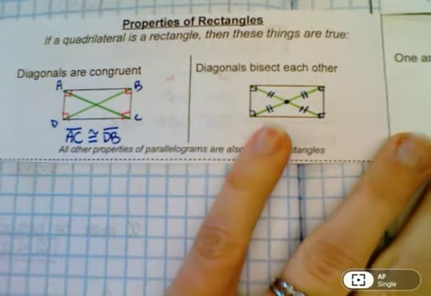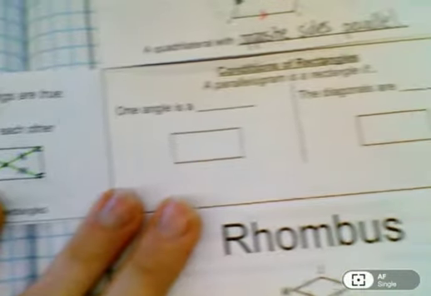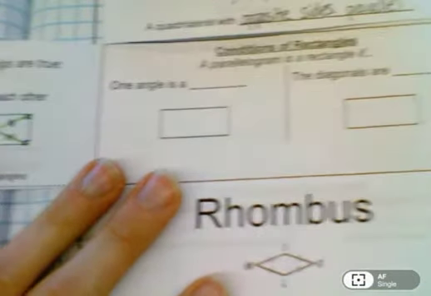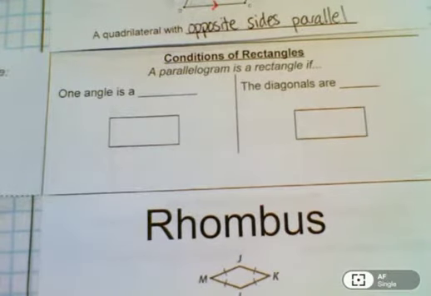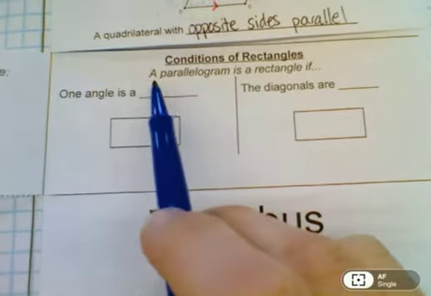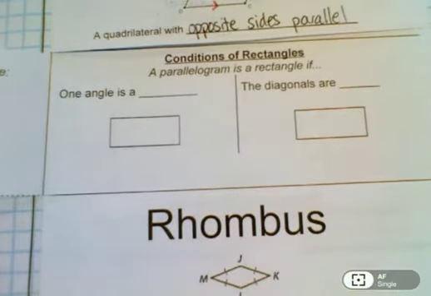And then over here, we have conditions of rectangles. So just like last time, the properties are what you know to be true if you know you're dealing with a rectangle. Here, what if we're trying to figure out if a shape is a rectangle? So it says here, a parallelogram is a rectangle if, and then there are 2 additional ways you can know that it's a rectangle.